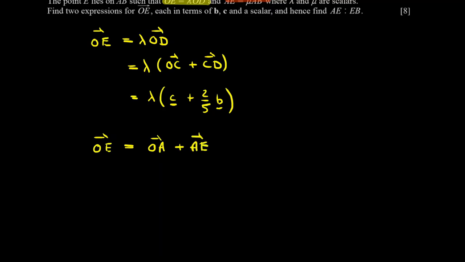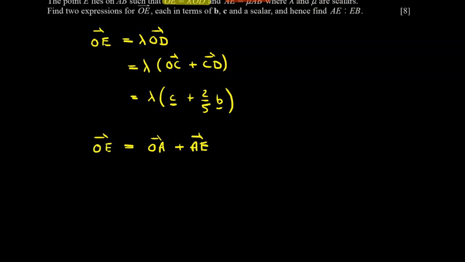Notice I'm saying this vector OE means I start at O and I go to E. How can I do that? I can start at O and then go to A, and then go from A to E, so I always start and end in the same place.